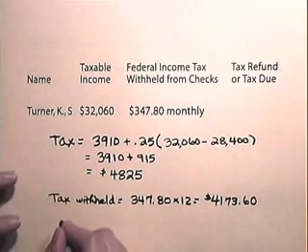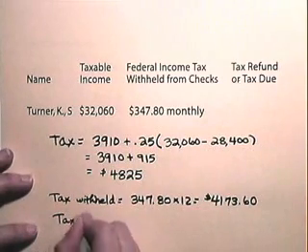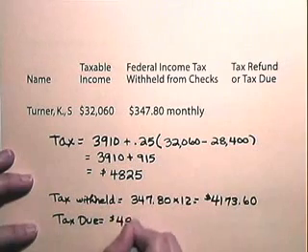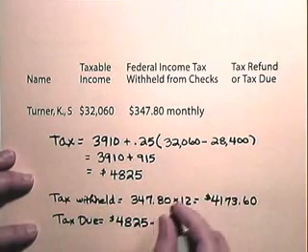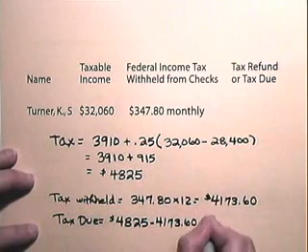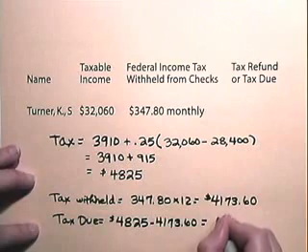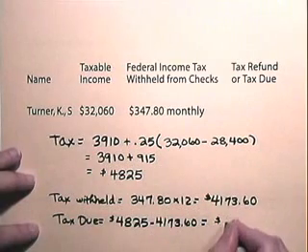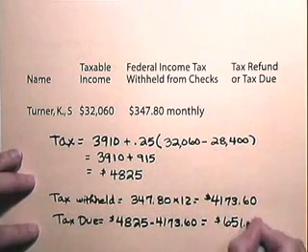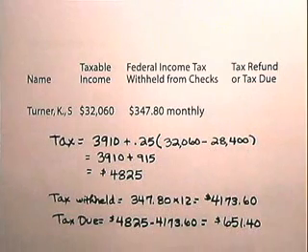So the tax due will be the amount he owes, which is $4,825, subtract the $4,173.60 that has been withheld from his checks, and he must now write a check to the Internal Revenue Service of $651.40 for the year.